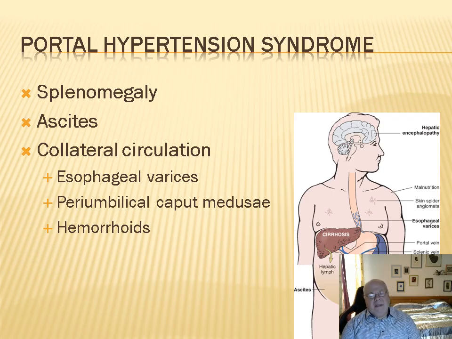But despite this situation, somehow the blood still needs to circulate. If it's not possible anymore to circulate passing the liver from the portal vein to the hepatic veins, the blood will find other ways to circulate.